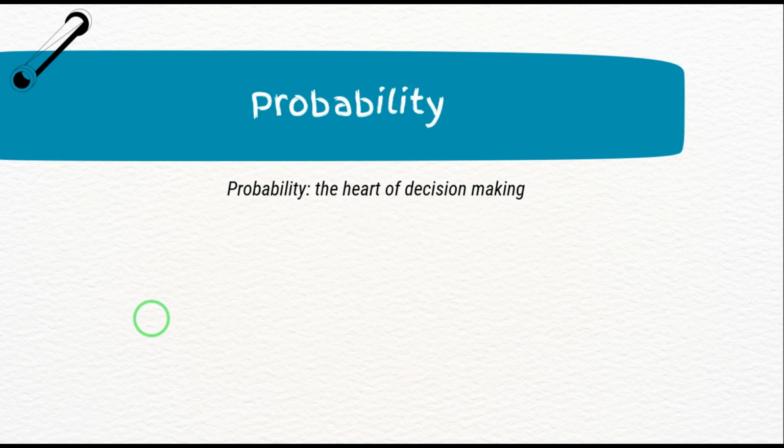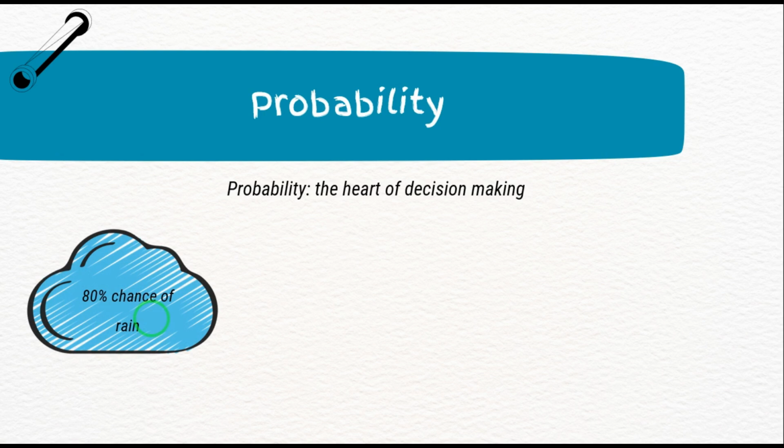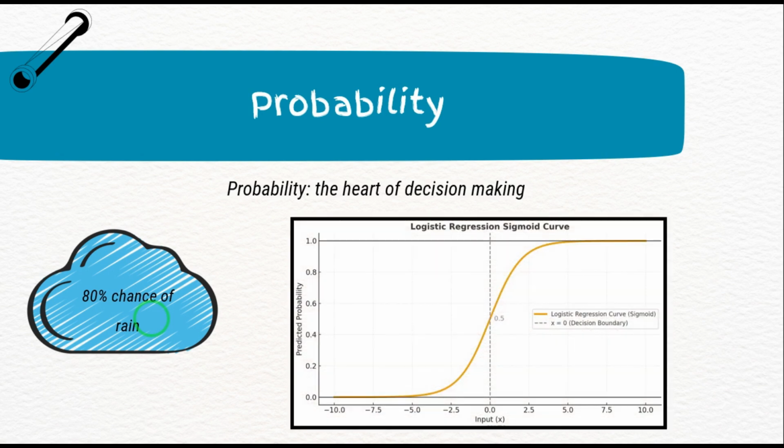So if your model says there is an 80% chance of rain, it's not claiming to know the future. It's expressing how confident it is. That's why many ML algorithms like naive Bayes, logistic regression, and Bayesian models rely heavily on probability. They don't just say yes or no, they say how sure they are.